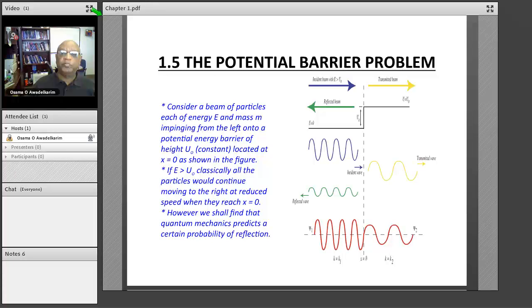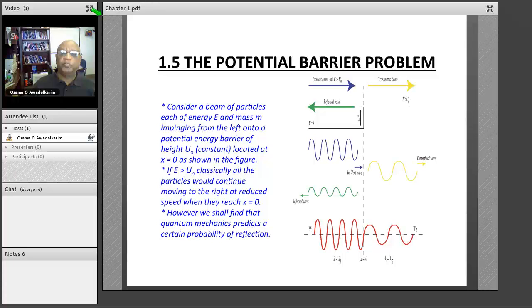So classically, all the particles with energies E larger than U naught, which is apparently all the particles in the beam, would be making it through to the right hand side. No particle is expected to be reflected, as we see here in the green arrow.